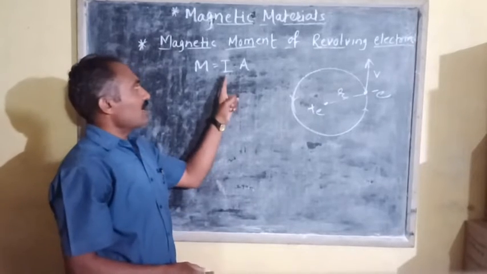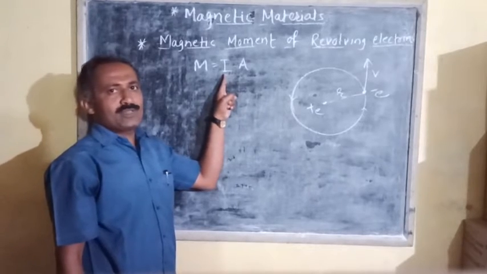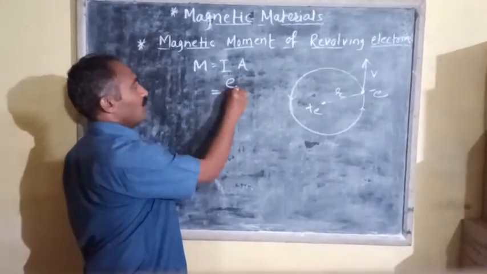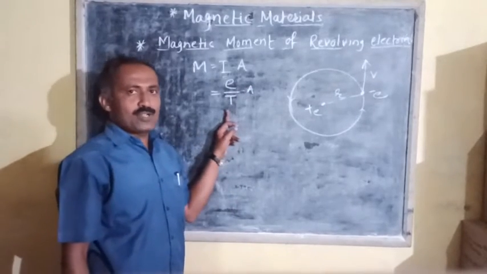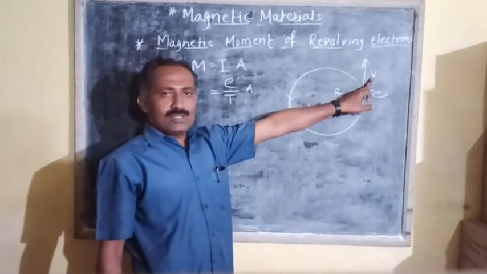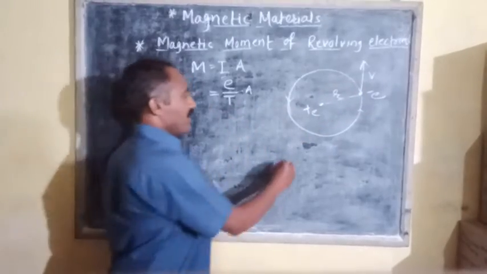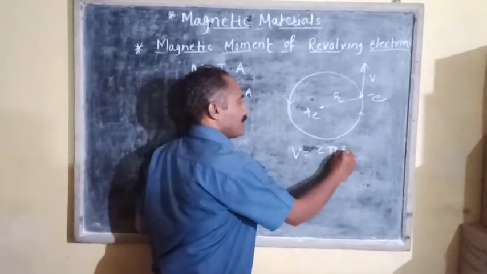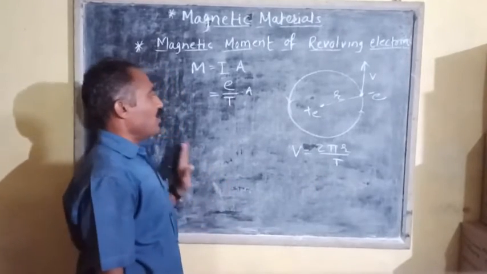As we know, current is the ratio of charge to the period of revolution T, therefore I equals e upon T, where T is the period of revolution of the electron. If v is the velocity of the electron, then v equals 2 pi r upon T. Therefore T equals 2 pi r upon v.